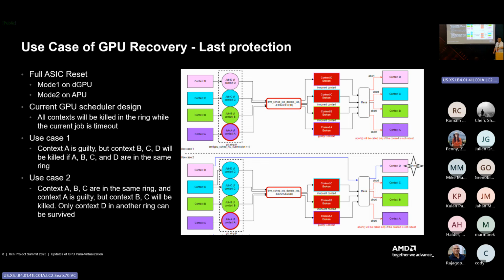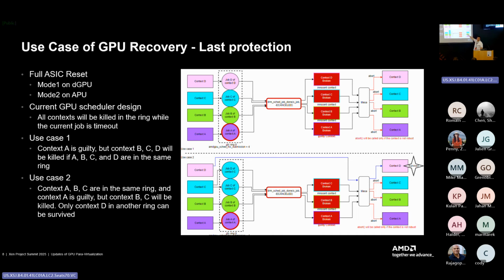That means if a simple 3D application has some issue that triggers the GPU hang, all the 3D applications may be affected. Maybe the 3D application is a graphics desktop, maybe it is QEMU. The good contexts, the QEMU and the 3D desktop, will be killed together with the guilty context.